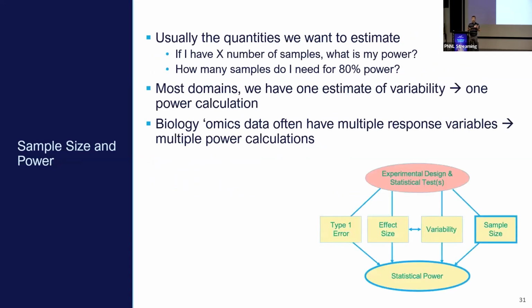And so usually some of the quantities that we want to estimate are things like, if I have X number of samples, what is my power? Or how many samples do I need in order to get to an 80% power? In most domains, we only have one estimate of variability, which leads to only one power calculation, which makes things pretty simple. However, with biology, especially with omics data, we often have multiple response variables, which leads to multiple power calculations.